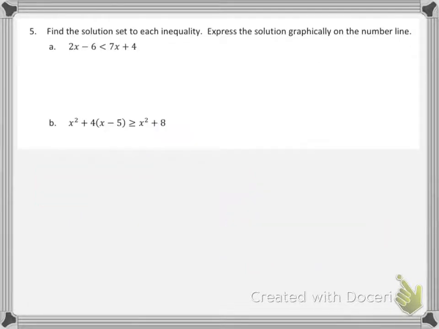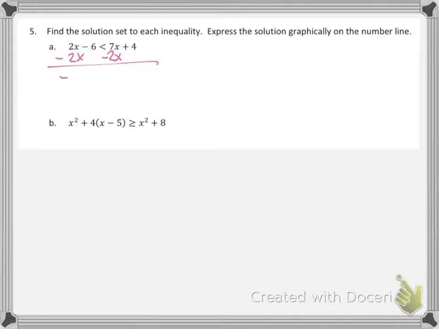Number 5, find the solution set to each inequality and express the solution graphically on the number line. Well, I'm just going to solve it like it's an equation and then put the answer on a number line. So let's do that. I would subtract 2x from both sides.